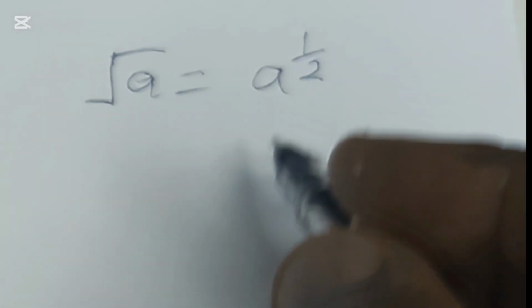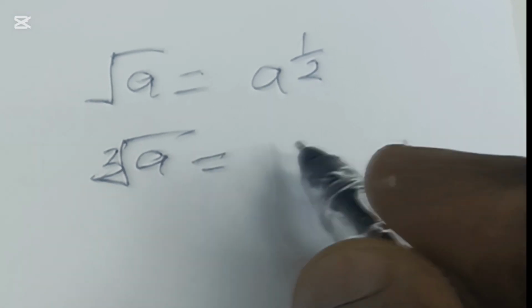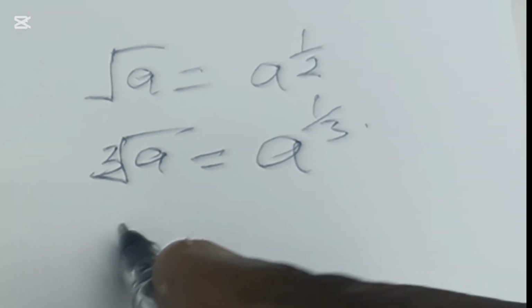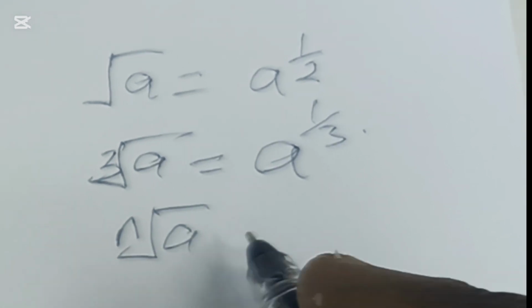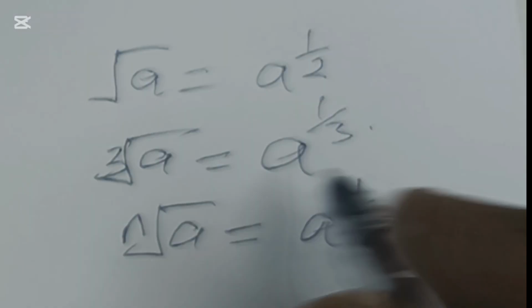Because you have to recall that in indices, when you have this, it means a raised to the power of 1 over 2. When you have this, it means a raised to the power of 1 over 3. And generally, when you have this, it means a raised to the power of 1 over n.